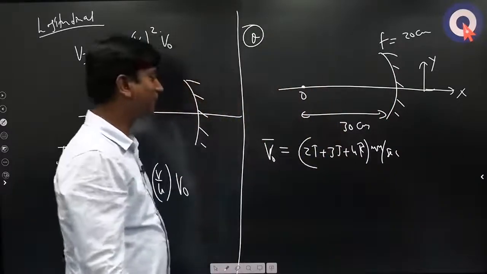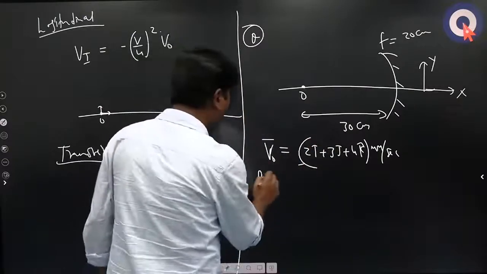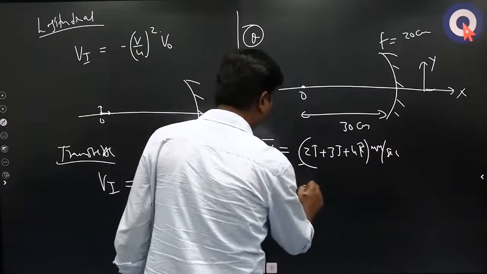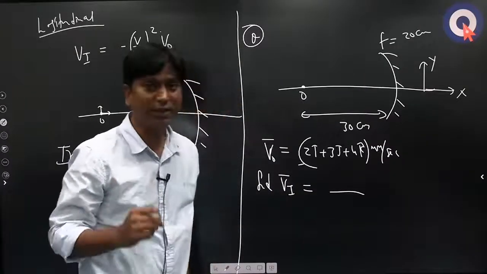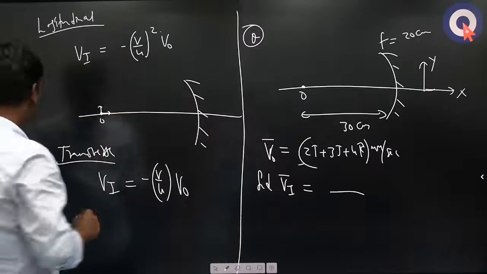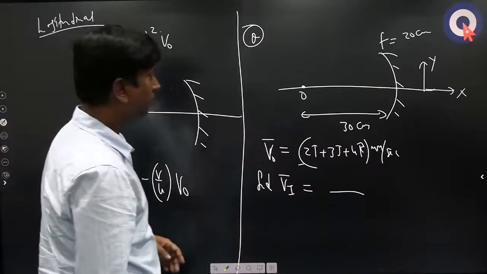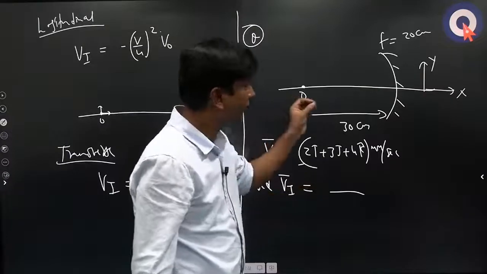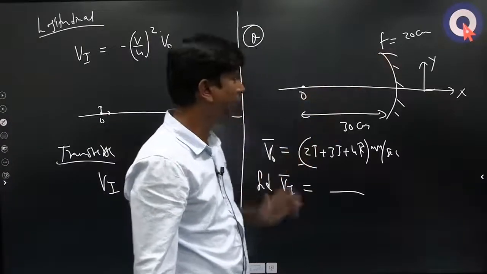Now, if this is the velocity of the object, what will be the velocity of the image? They are asking us to find the velocity of the image, right? How do we go about it? First we take the position of the image. Here the focal length is 20 and the object distance is 30.